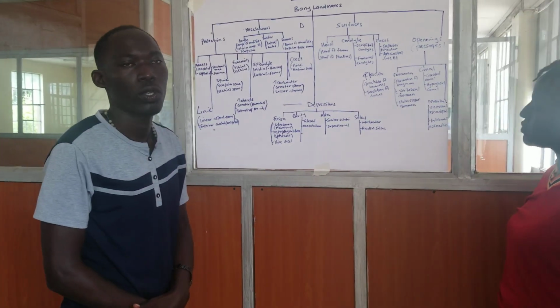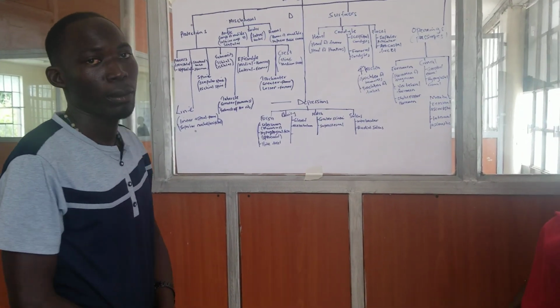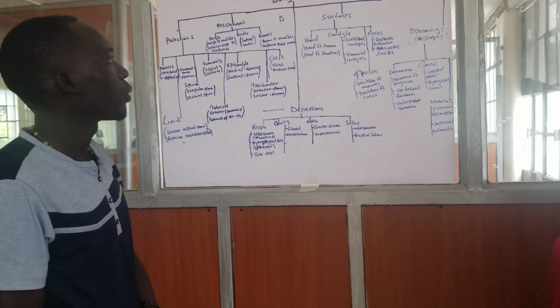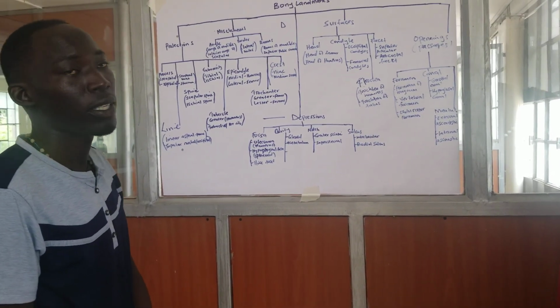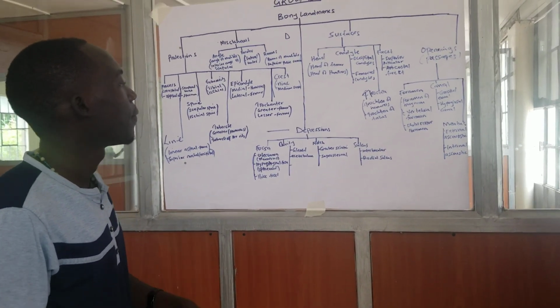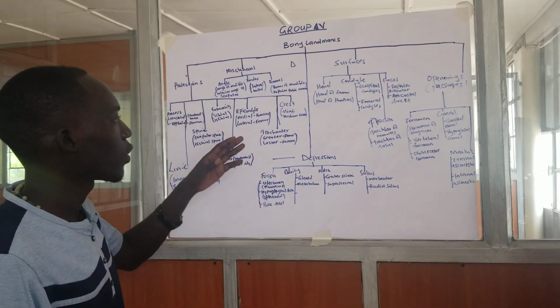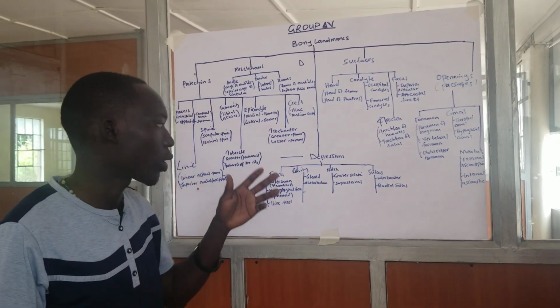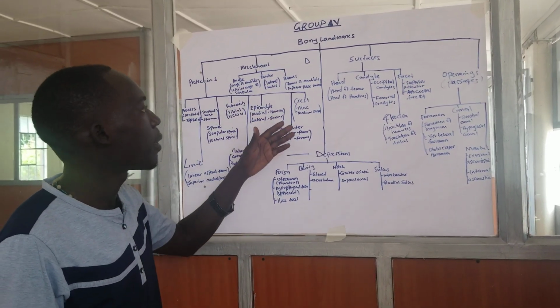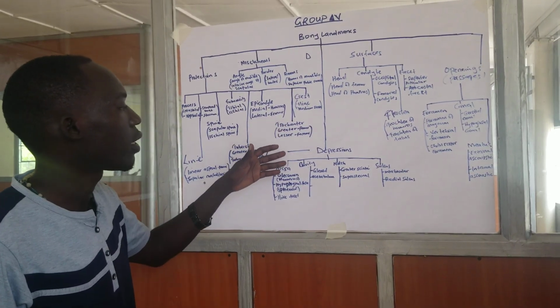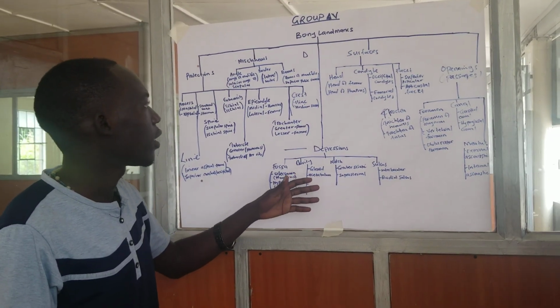This is John Mkoko, and I'm also a member of Group 5. We have different types of bony landmarks, and we have the projections, which my colleague has already finished talking about. The other bony landmarks that we see are depressions.